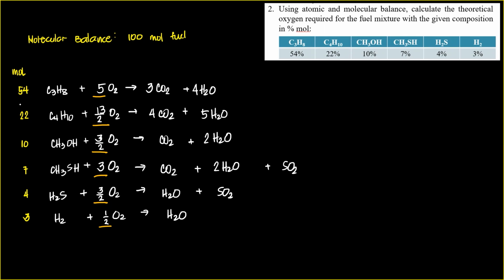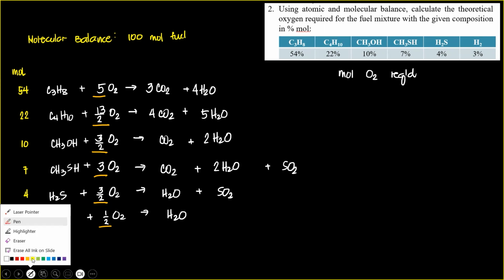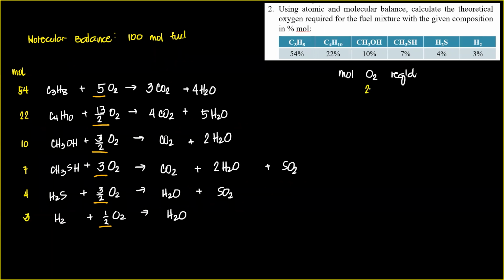Diba? 54, guys, times 5, ilan yun? 54 times 5. So that means 270 moles yung sa taas. 13 halves times 22, ilan? 143.